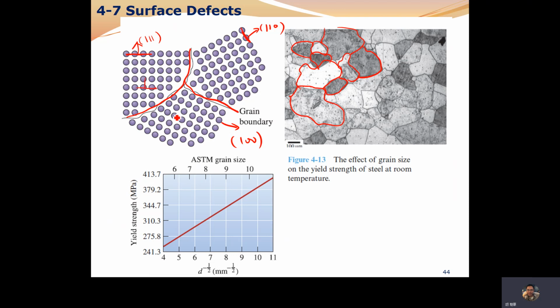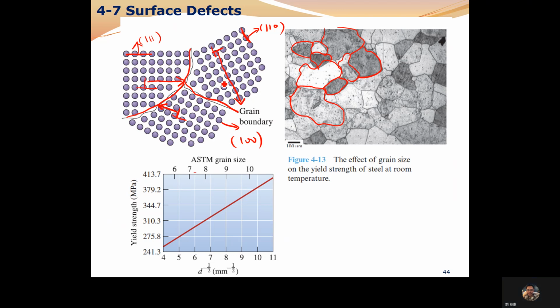When the dislocation keeps moving and encounters a grain boundary, it will be stuck. So the grain boundaries can be regarded as a barrier or obstacle for dislocation movement. For example, when this dislocation moves, oh, it encounters a barrier, and when this one moves, oh, there's no barrier, therefore it can keep moving.